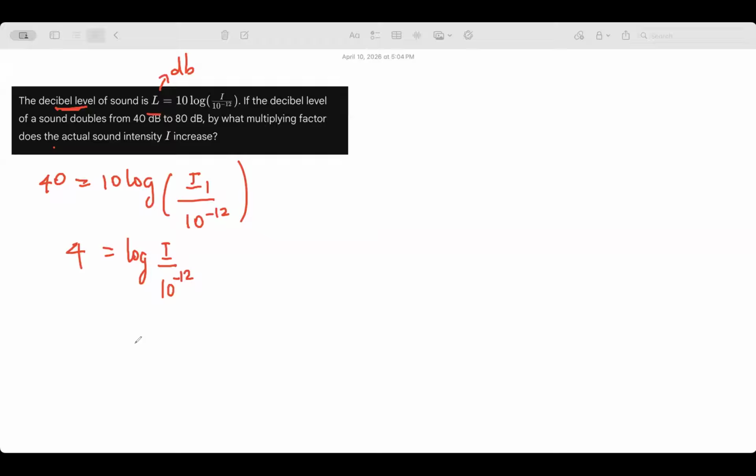How do I do this? Is my answer correct? 10 to the power of 4. This is log base 10, right? 10 to the power of 4 will be equal to I by 10 to the power of minus 12.